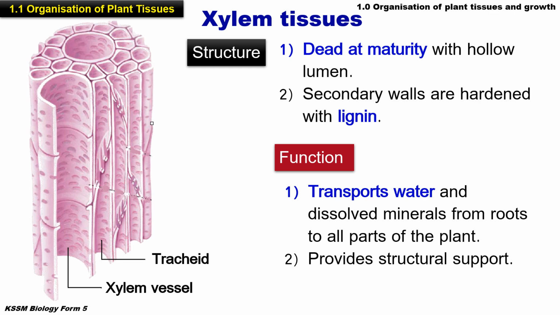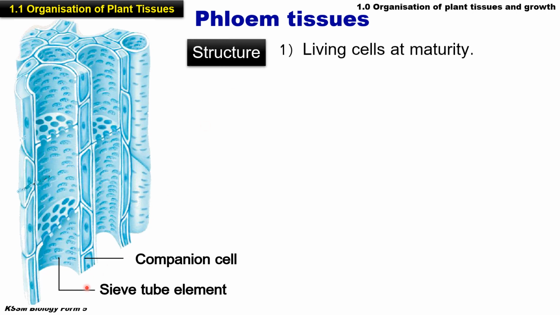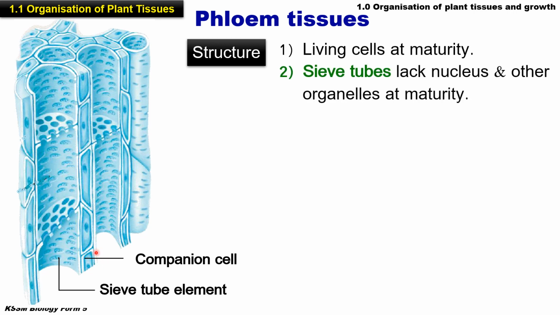Okay, next, last line. Phloem. So phloem ni, okay, dia ada sieve tube. Nanti kita akan tengok. Okay, tak apa. Yang ni you tahu je dulu. This one no need to copy. Okay, so structure is living cell at maturity, and then it has a sieve tube. Okay, sieve tube, and like this sieve tube lacks nucleus and other organelle at maturity.